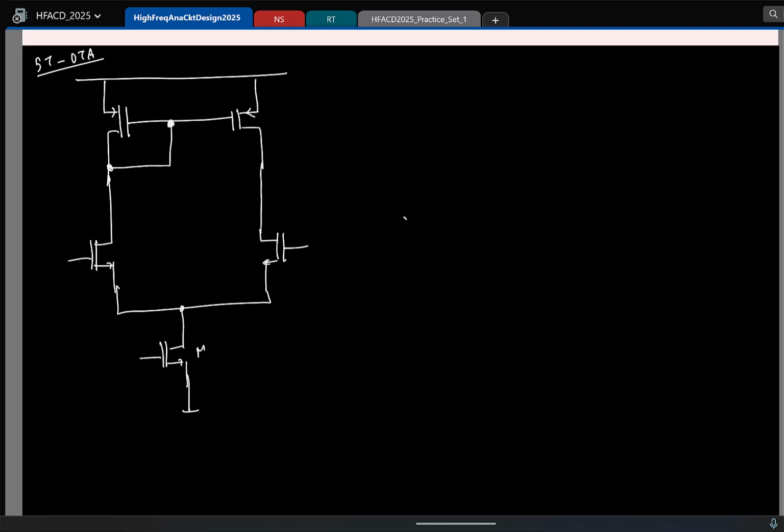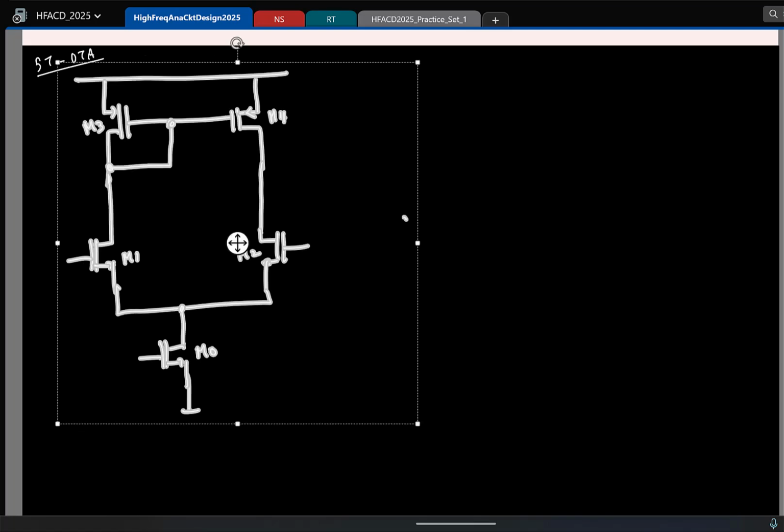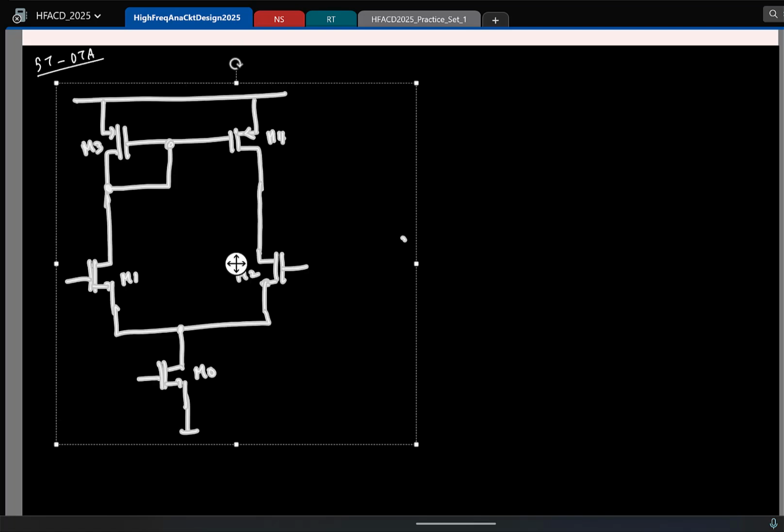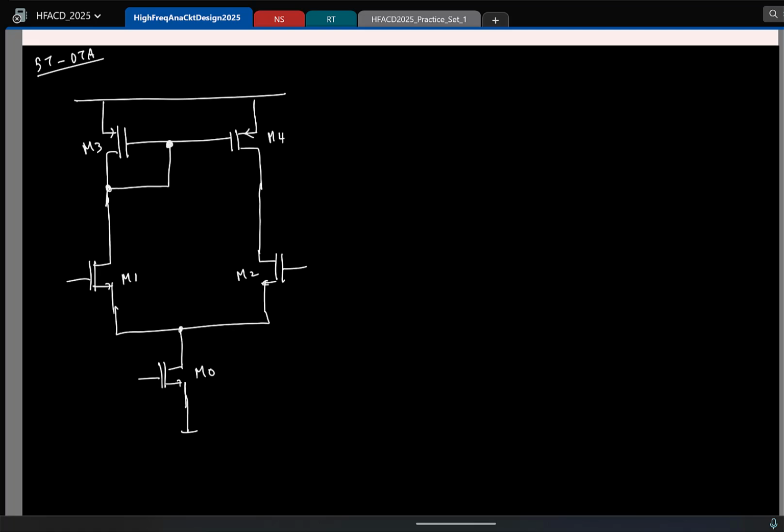Let me label the transistors, say M0, M1, M2, M3, M4. Great. This is typically called the single stage OTA, because loosely speaking you have amplification coming from one stage.